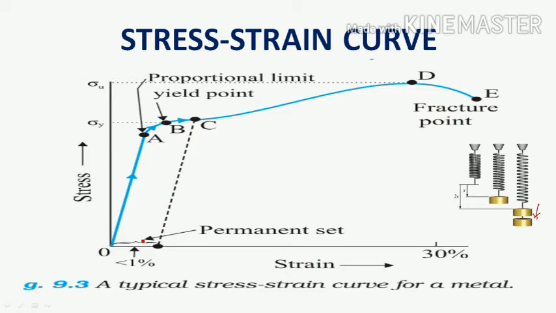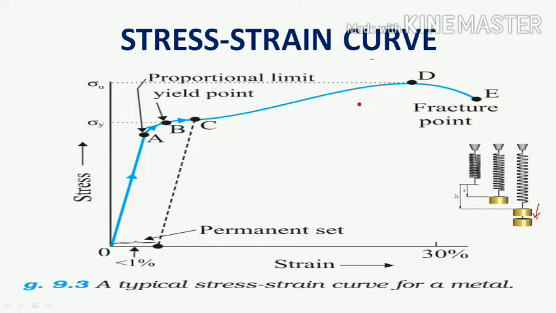The typical stress strain curve is like this. Initially stress is 0, strain is 0. Whenever you apply force, there is some strain, a change in length. After a certain time, for a small change in stress there is a big change in strain.